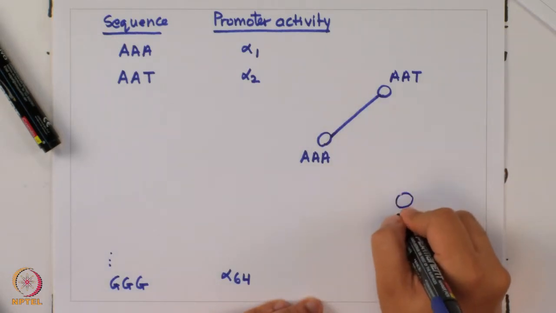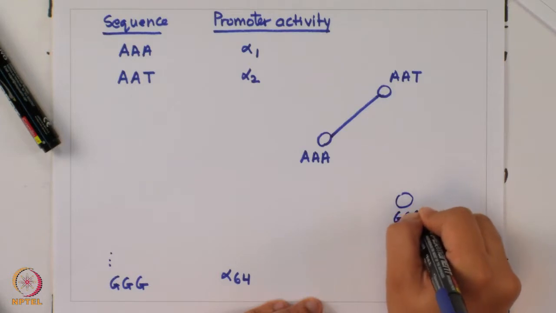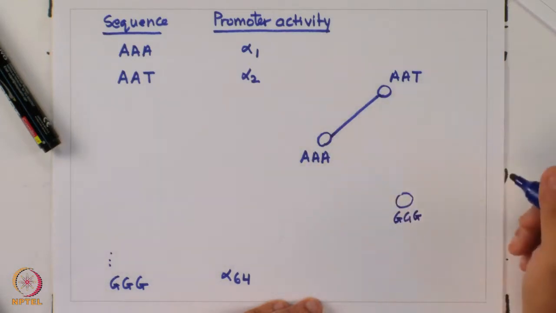We are going to have 64 such nodes and appropriate connections, and this gives me the entire fitness landscape associated with the promoter activity of a particular DNA sequence, and I am only looking at 3 nucleotide bases from the entire DNA sequence, which I am calling the promoter here.